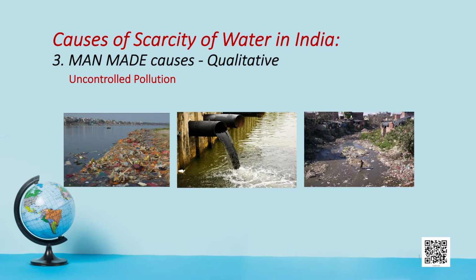Uncontrolled pollution. Increasing urbanization and industrialization also adversely affect the quality of water. Untreated industrial waste, lack of proper sanitation facilities and large-scale sewage disposal into our natural water bodies lead to contamination of water resources.